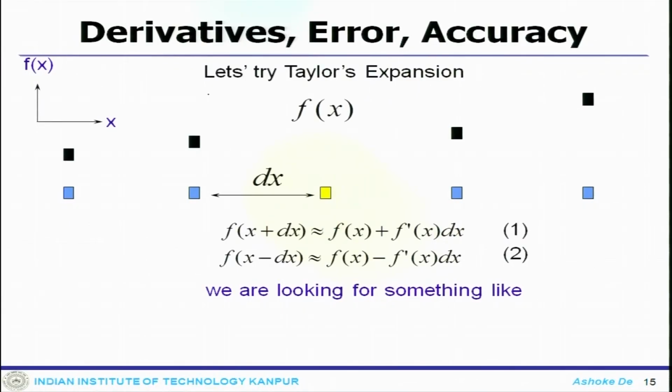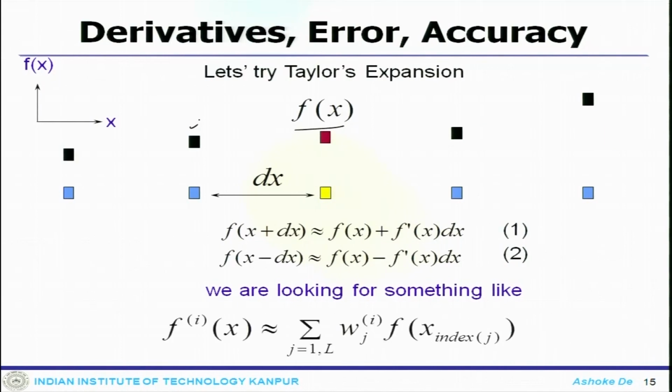Okay. So, we try to find out f x. Now, I have a point here and I have a point which I am interested in here. So, this is a distance dx. So, I write f of x plus dx approximated as f x plus f prime x dx. This is the point of my interest.